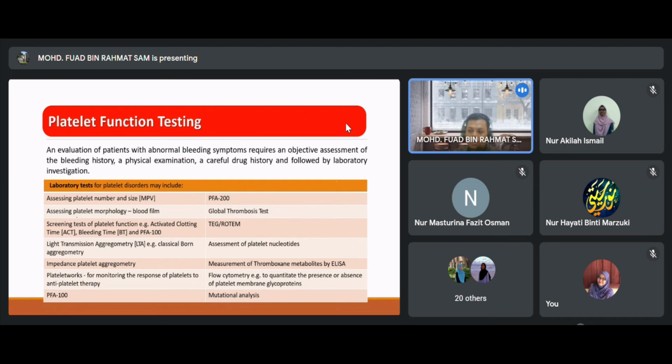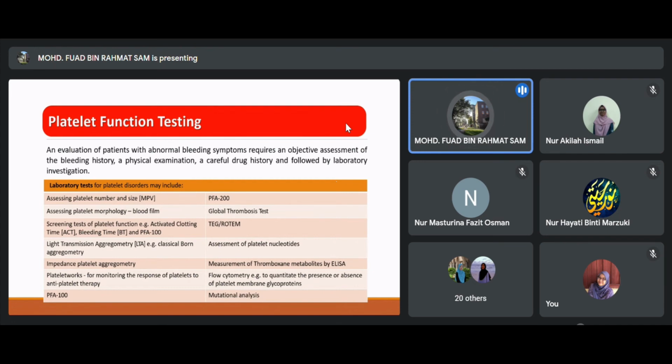Kita akan assess the platelet morphology. Obviously kita akan based on blood film. Kita akan screening test of platelet function. Contohnya kita akan measure the activated clotting time, ACT, or bleeding time, and PFA 100. PFA is referred to platelet function analyzer.